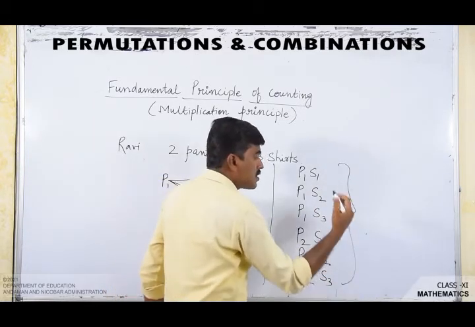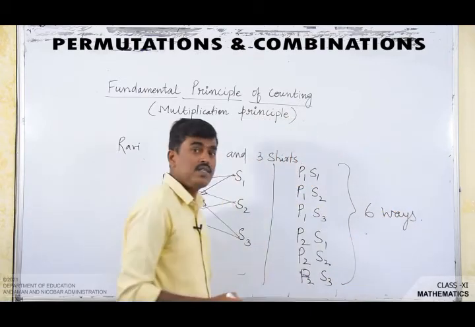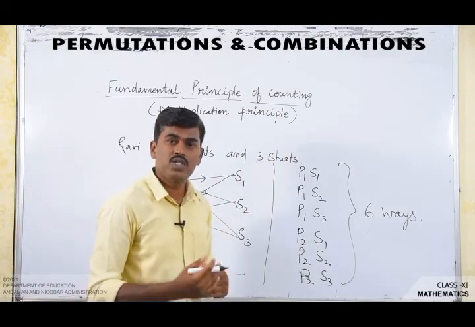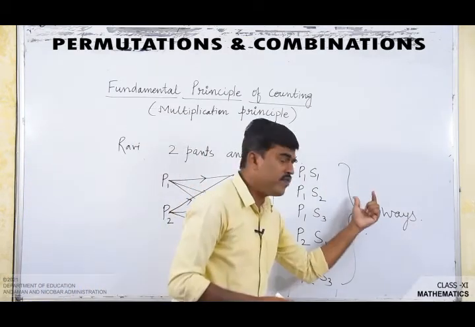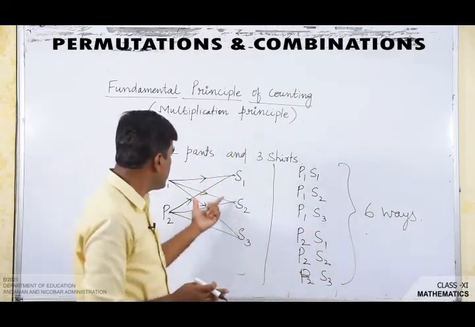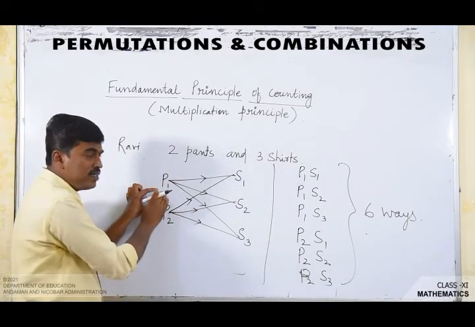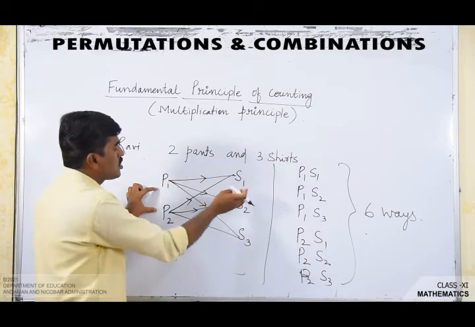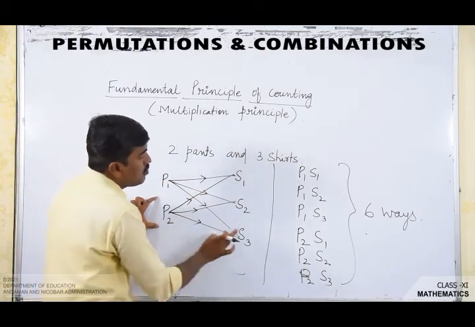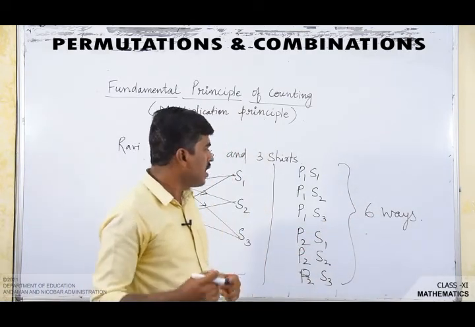So there are 6 possibilities. That means he can dress up in 6 different ways using 2 pants and 3 shirts. So here we worked out the total number of possibilities using this figure: P1 S1, P1 S2, P1 S3, P2 S1, P2 S2, P2 S3. So there are 6 different ways in which Ravi can dress up.